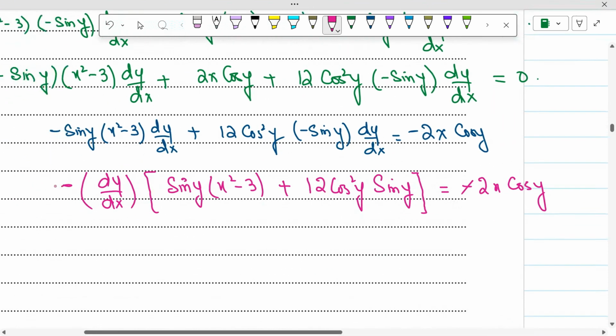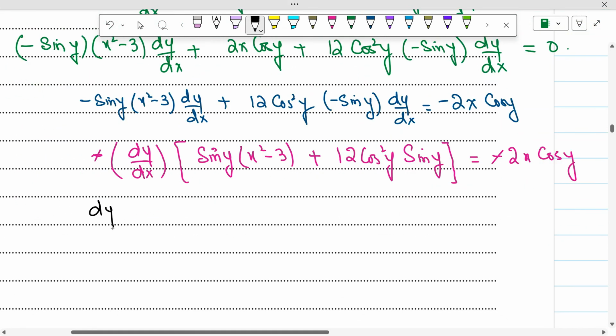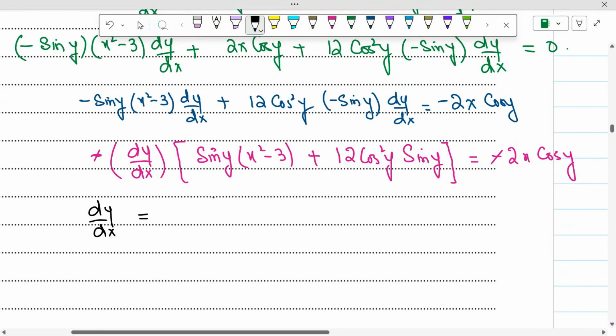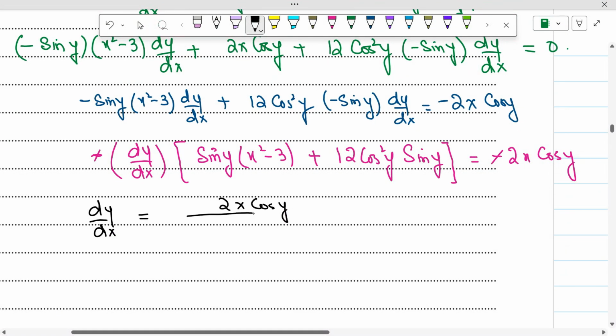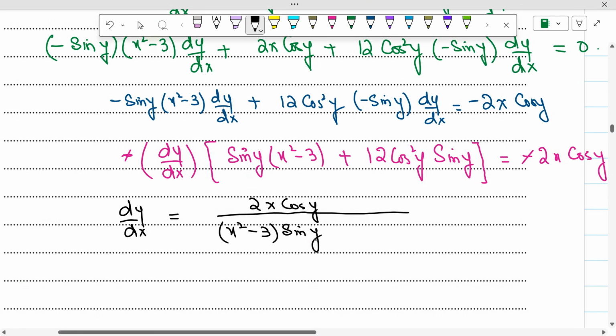So this negative and this negative cancel out, and we will have dy/dx equal to 2x cos y over (x² − 3) sin y plus 12 cos² y sin y.